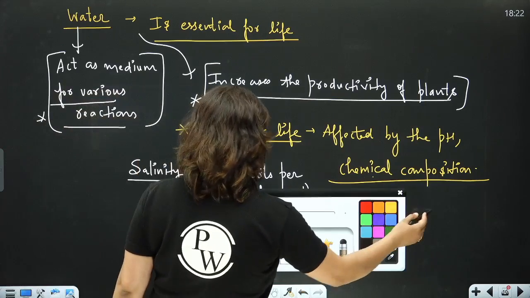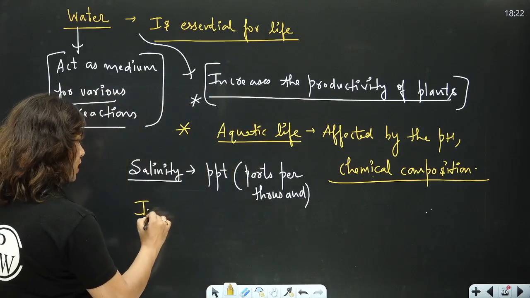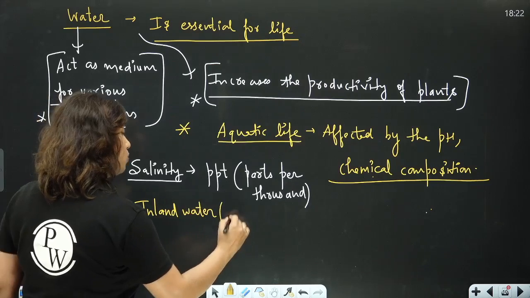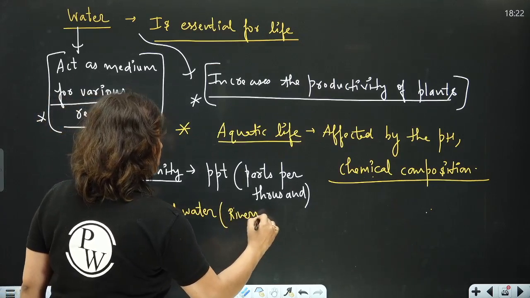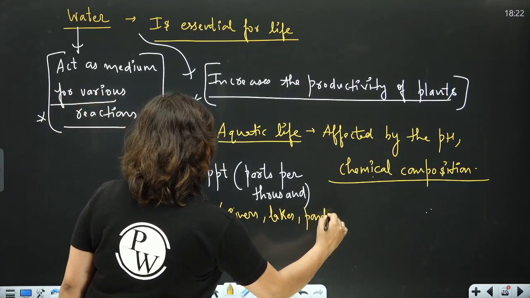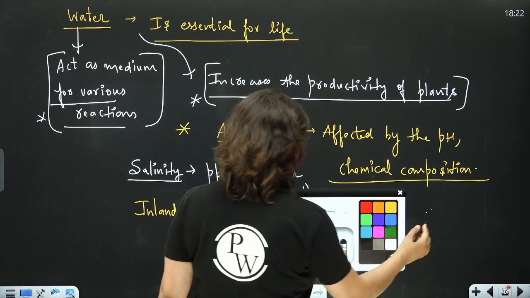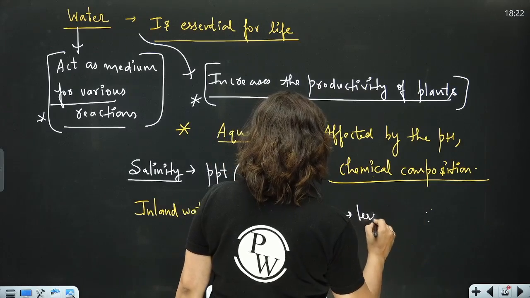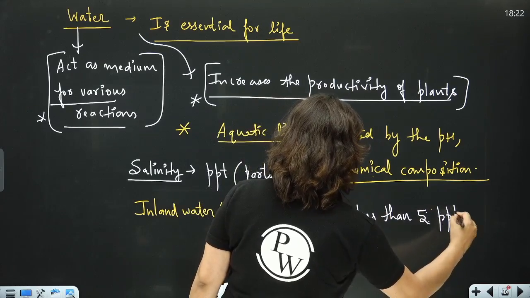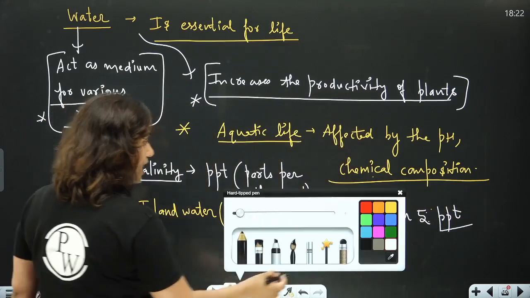So according to the data of NCERT, if I talk about the inland water, that is the water of rivers, lakes, ponds, etc., the salinity of the inland water is less than 5 ppt, parts per thousand.